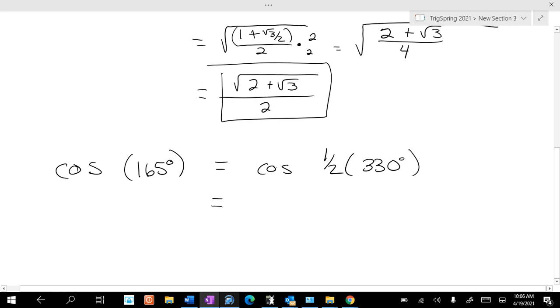What quadrant is 165 degrees? 2. What's the sign of the cosine in quadrant 2? Negative. So this is a negative square root of 1 plus the cosine of 330 over 2. Trust me?